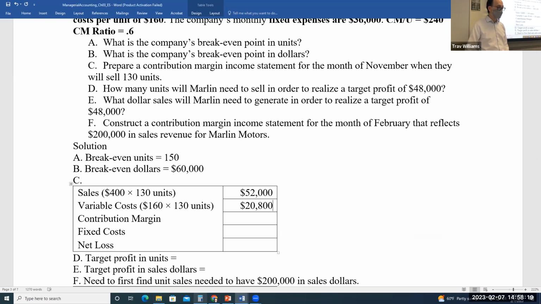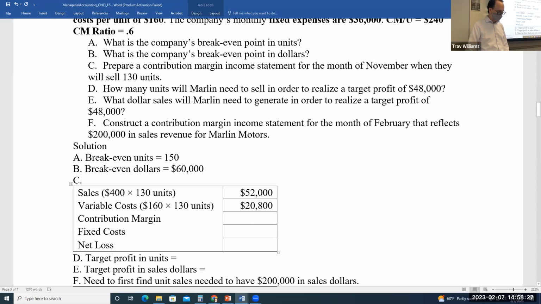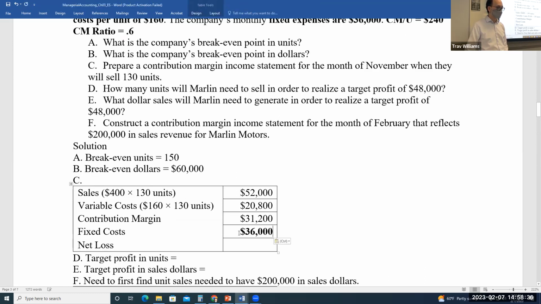How do we get our contribution margin? Sales minus variable costs gets us $31,200 of contribution margin. Fixed costs were up here, right? 36,000. Uh-oh, this is not looking good.